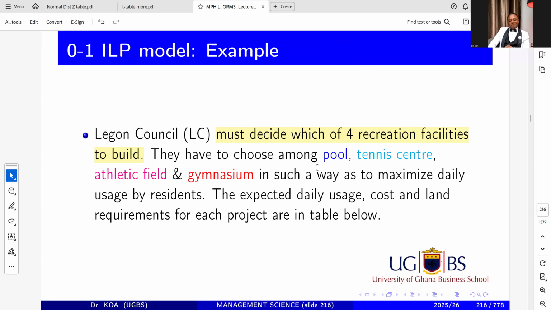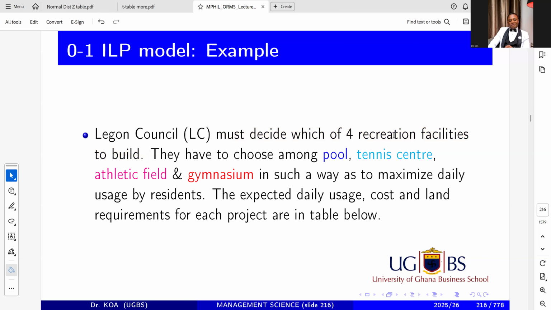What is the difference between pure integer constraint and binary constraint? Well, the best way to explain binary constraint is to give an example. Legon Council must decide which of the 4 recreational facilities to build. They've got to choose among pool, tennis, athletic field, or gymnasium so as to maximize daily usage.